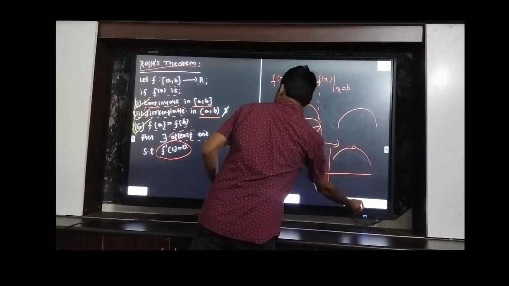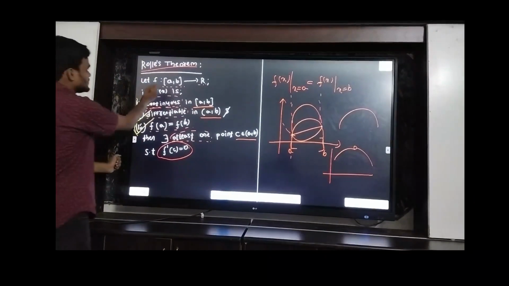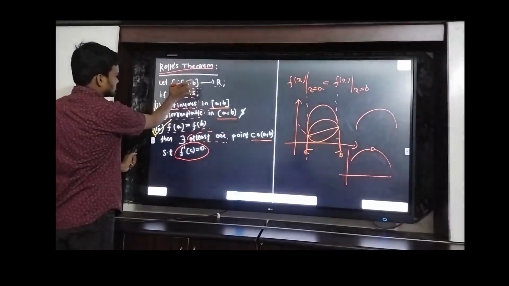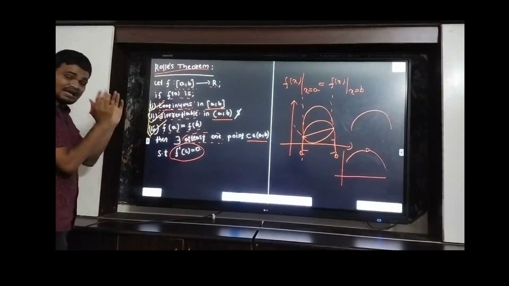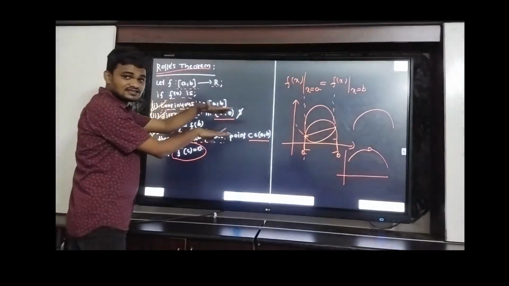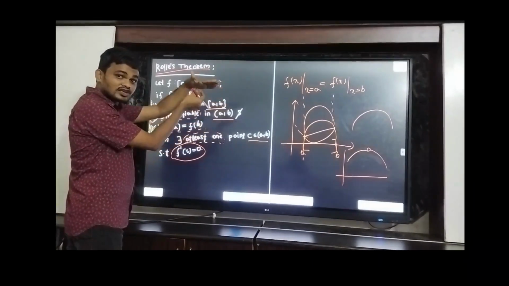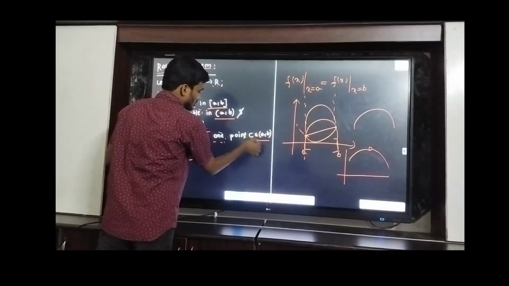What is they? Let's understand. What the theorem exactly talking about? If any function f defined in closed interval AB and satisfy these three conditions, then there exists a tangent which is parallel to x-axis and the corresponding x coordinate lies in the open interval AB.